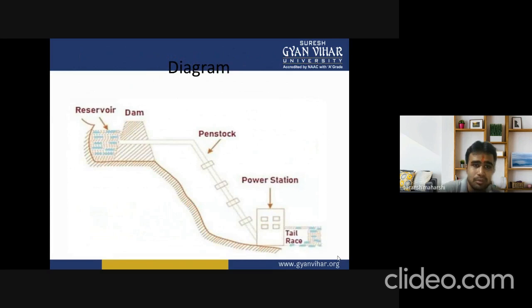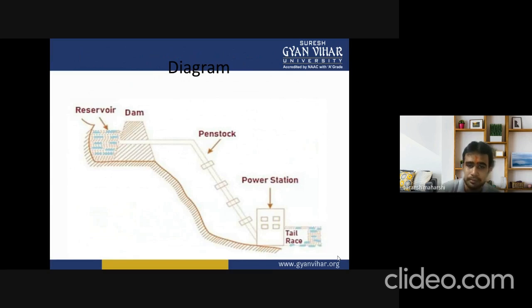And this is the diagram of this concept. Here we will discuss the reservoir, dam, penstock, power station, and the tailrace, which is connected to the power station, and it is used to store the energy after using this process, and then this water again passes through the reservoir.